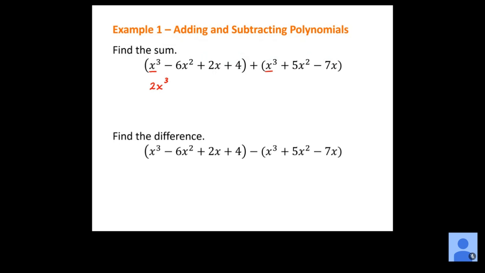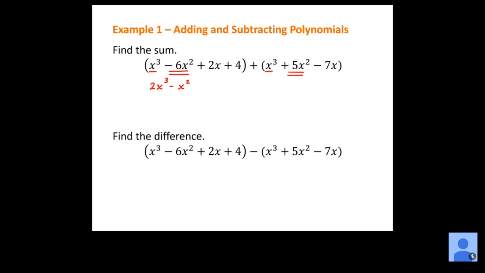All right, now I'm looking at my next term. I have a negative 6x squared, and then we have a positive 5x squared. So when I add those together now, negative 6 plus 5 is negative 1, so I end up with a negative 1x squared. And notice in this case, we don't actually need the coefficient of 1. There's an understood 1 in front of that x squared.